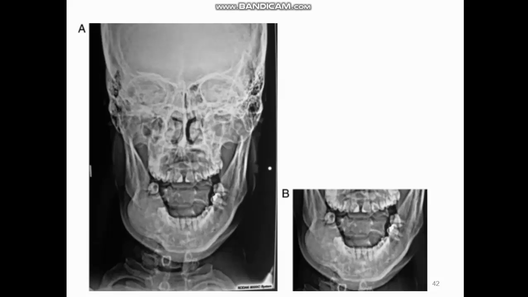Main indications are fractures of the mandible, especially posterior third of the body, angles, and condylar necks, lesions such as cysts or tumors in the posterior third of the body or ramus of the mandible, mandibular hypoplasia or hyperplasia, and maxillofacial deformities.